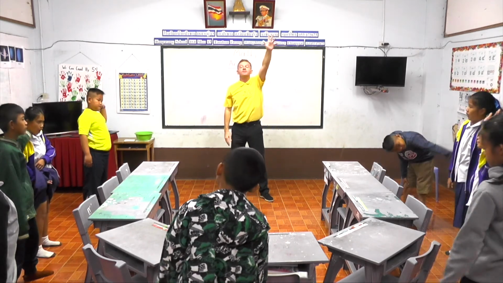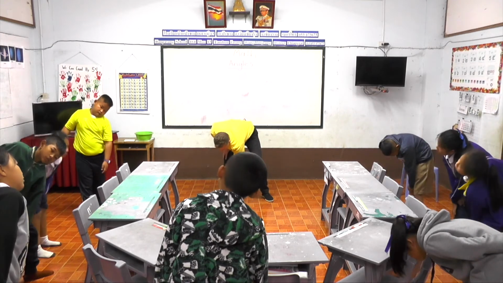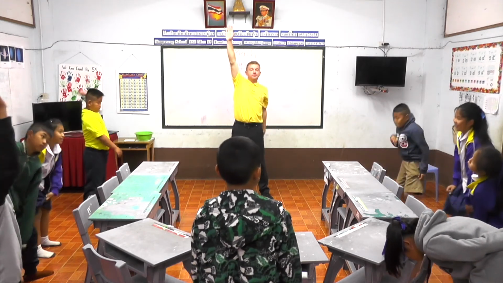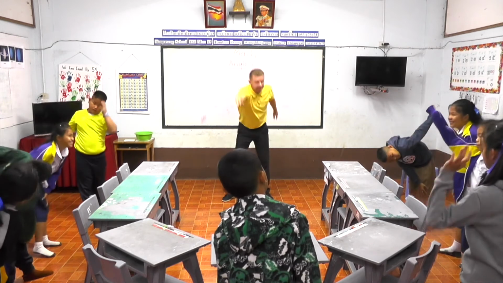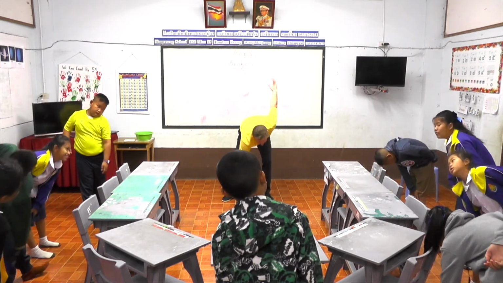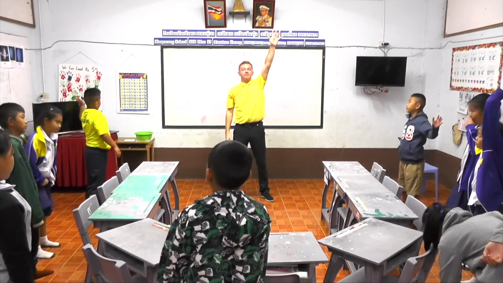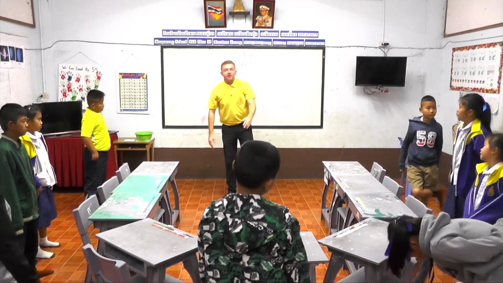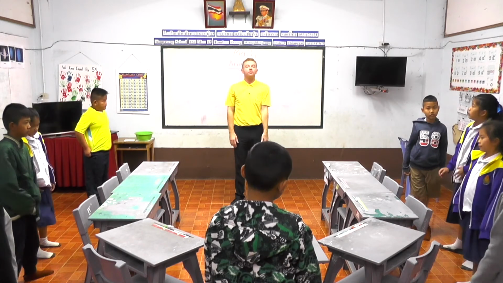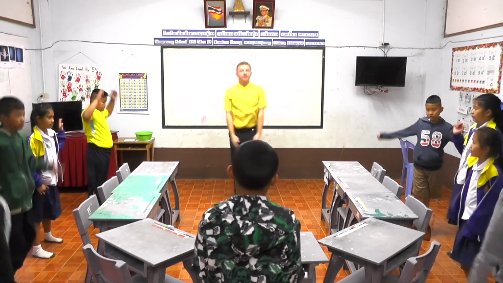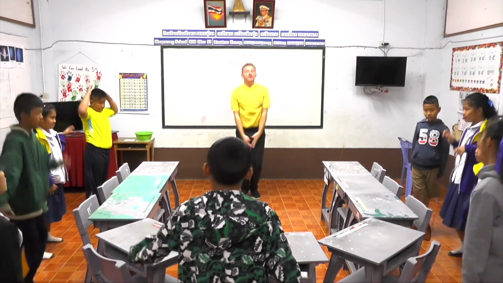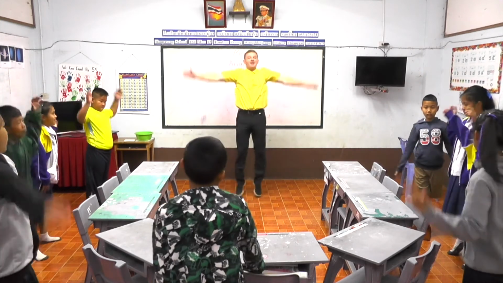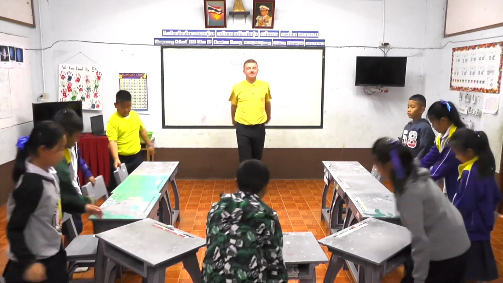Left hand, right foot. Right hand, left foot. Left hand, right foot. And to finish, we will do 5 star jumps. 1, 2, 3, 4, 5. Excellent, guys. Have a seat.